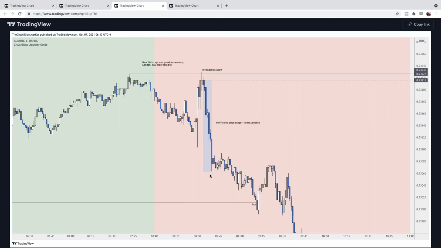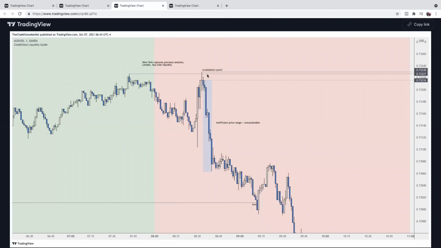Leaving this price range unsustainable lets me know that price needs to come back to this zone and make price efficient. On top of this, I can see how New York runs London's buy-side liquidity here. So now I'm correlating sessions with structure and liquidity grabs, building more confluence inside of the zone.